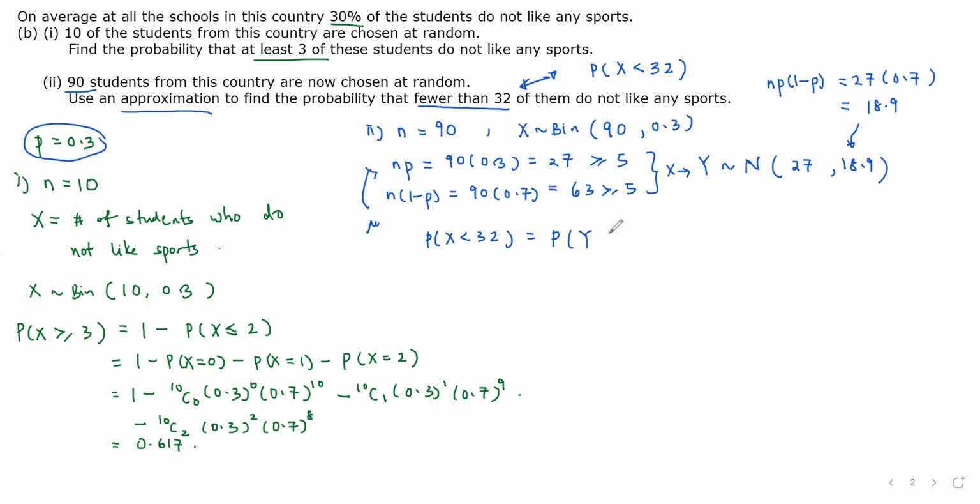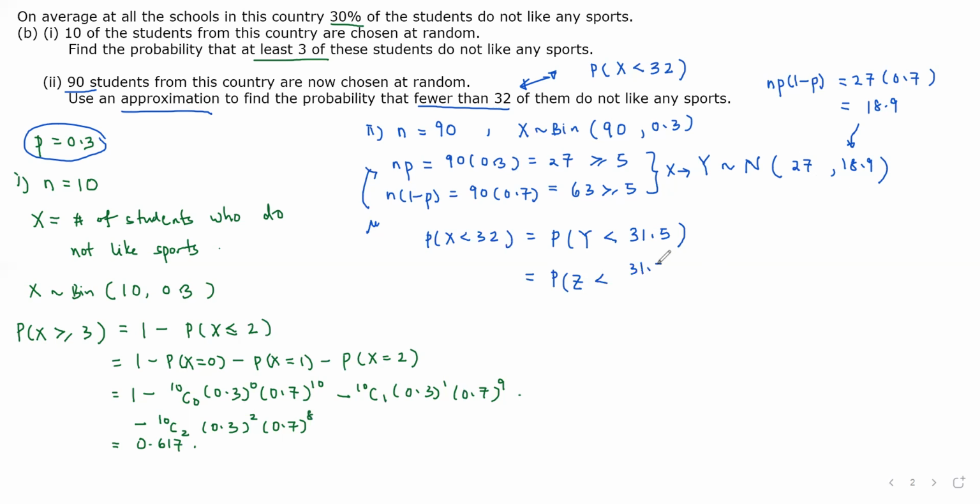To find the probability that X is less than 32 when we approximate it by a normal distribution, you have Y less than, and you must remember to apply the continuity correction. If this is less than 32, you must subtract 0.5. That is 31.5. This is a general normal distribution, so we need to standardize using the z-score.